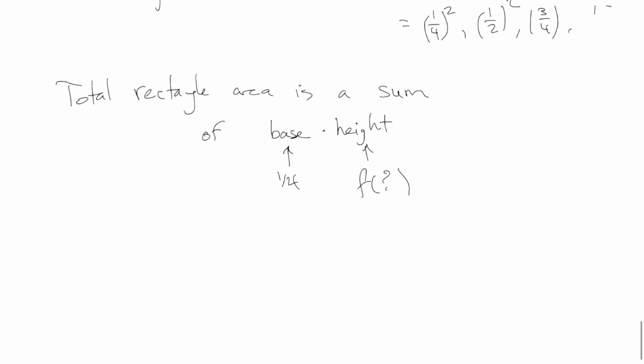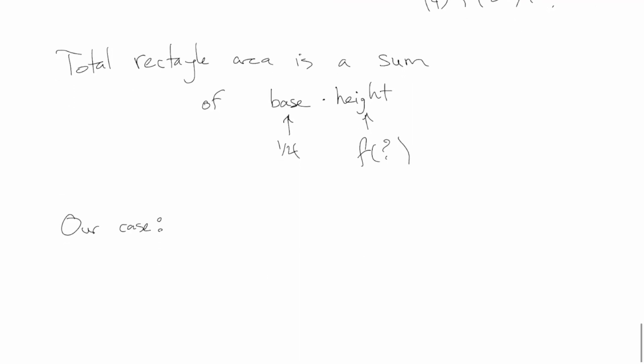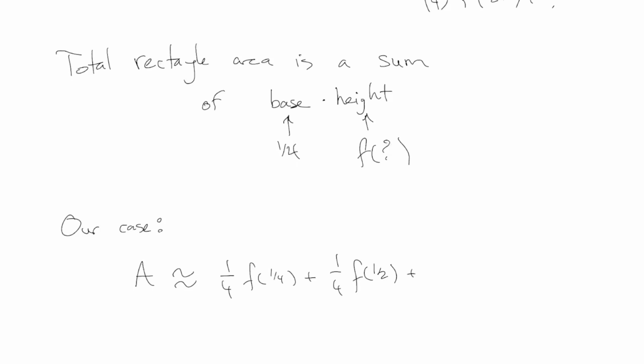So in our case, the total area of the rectangles, which is an approximation for the curved area, is 1/4 times f of 1/4, plus 1/4 times f of a half, that's the middle point, plus 1/4 times f of 3/4, plus the last point, 1/4 times f of 1.